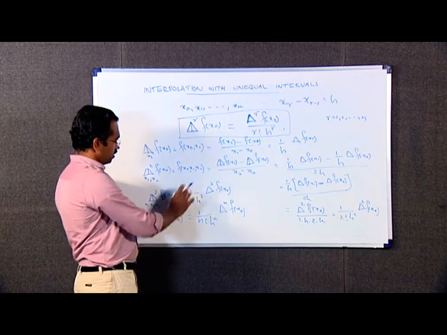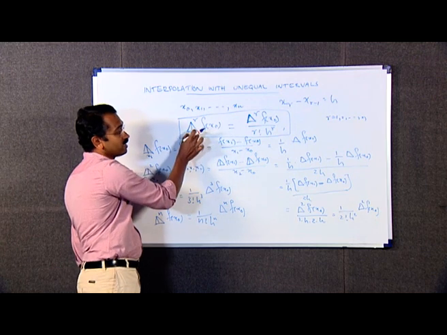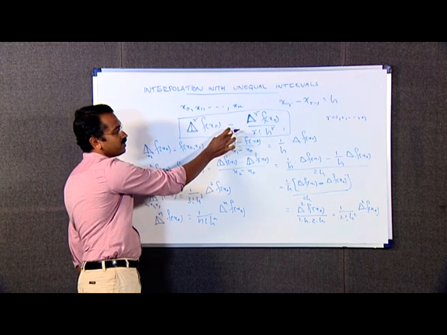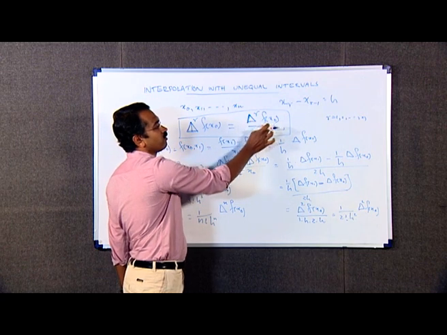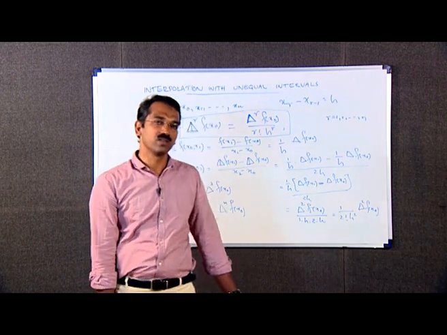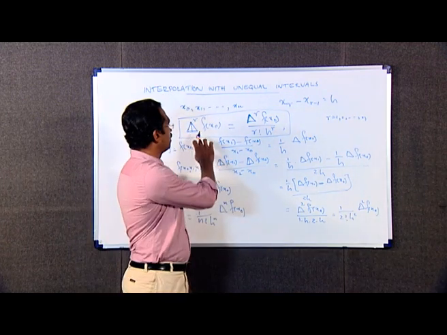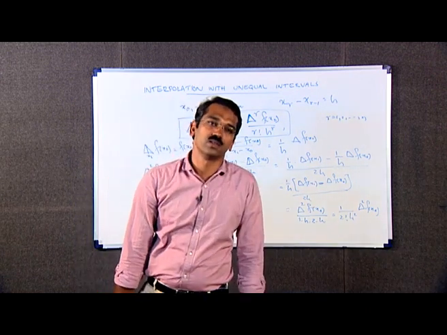That is, this is the relation: divided delta raised to r f of x0 is the same as forward difference operator delta raised to r f of x0 divided by r factorial into h raised to r. This is the relation connecting the divided difference and the forward difference operator delta.